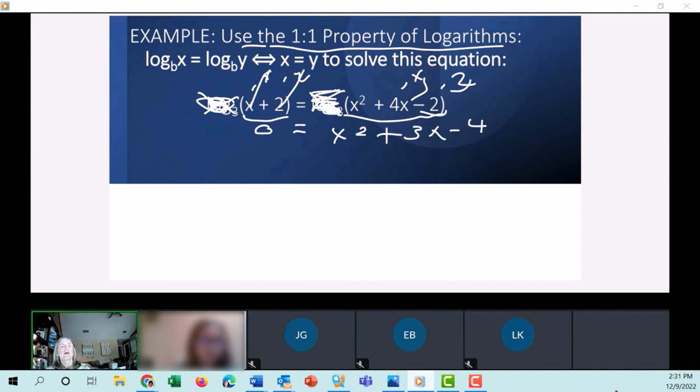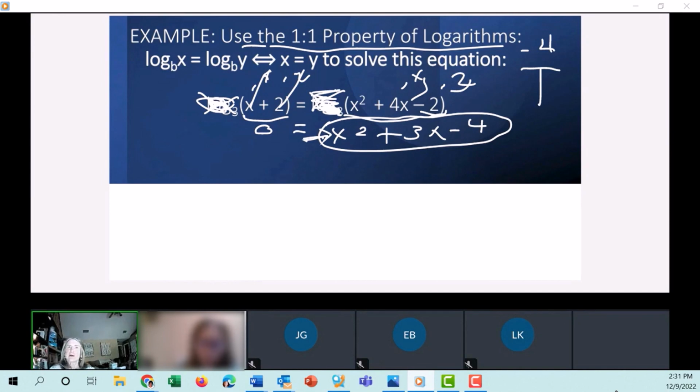So now you should be able to see from your strong algebra skills, we have a trinomial that we can factor. You can use a T-chart or you can use Math Papa because we do not have a coefficient in front of the x squared. It's not negative. There's nothing weird there. I just need two factors that multiply to give me a negative 4 and add to give me a positive 3.